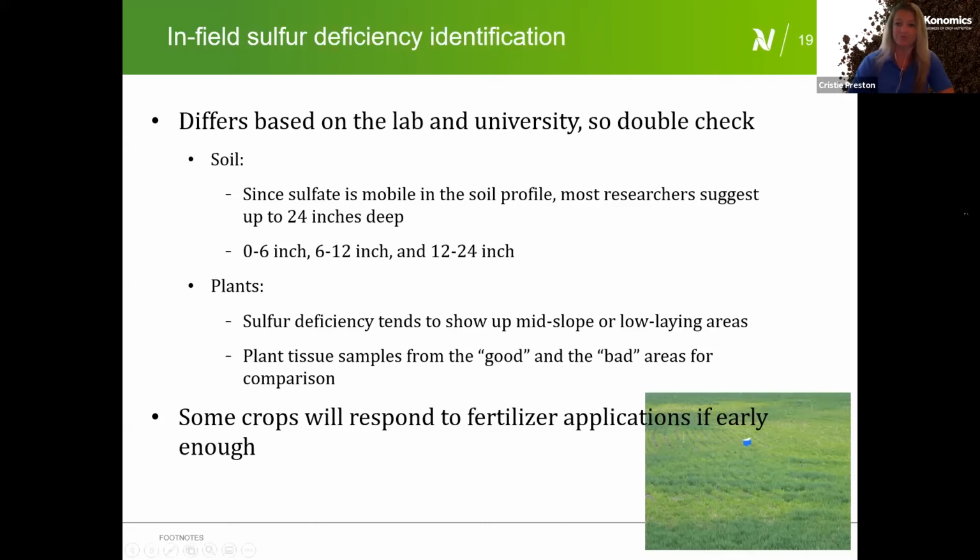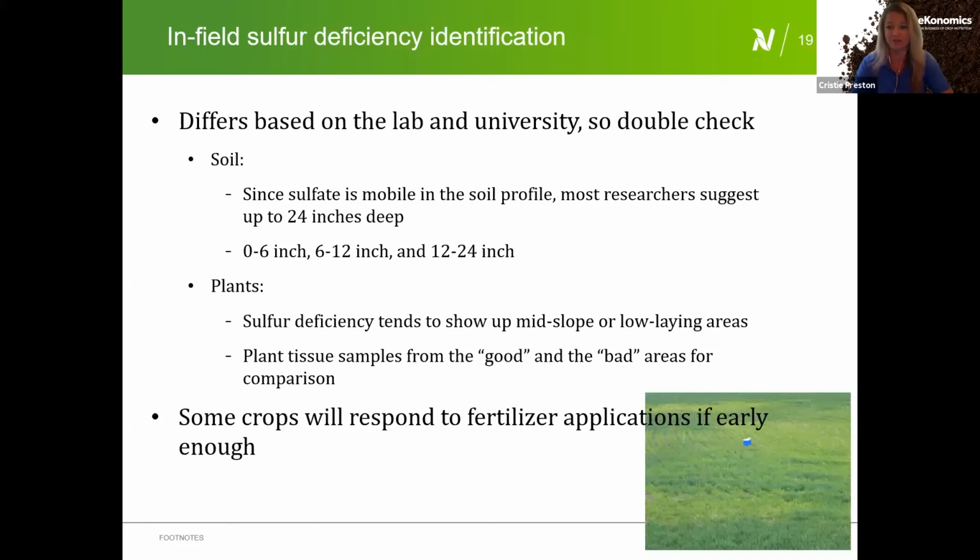Again, double check with your university if you're going to send these soil and plant tissue samples. Make sure that it matches up with the values that you're going to get back, whether it's a 0 to 6 soil sample, a 6 to 12, or a 12 to 24. Now here in Kansas, they recommend a profile sample, so that 0 to 24 inch sample.